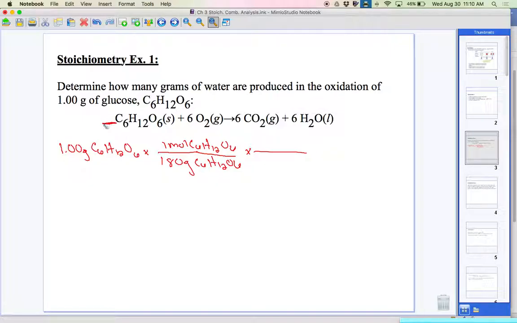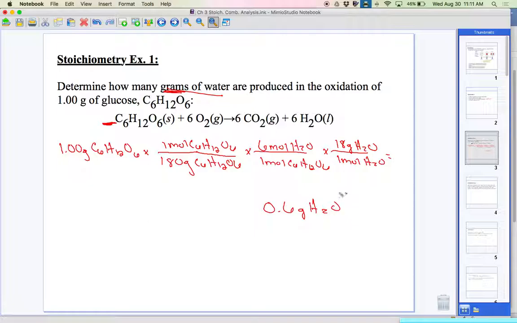For every 1 mole of glucose, we're looking for water, so there are 6 moles of water. Then we convert to grams: for every mole of water there are 18 grams. You came out with somewhere around 0.6 grams of water.